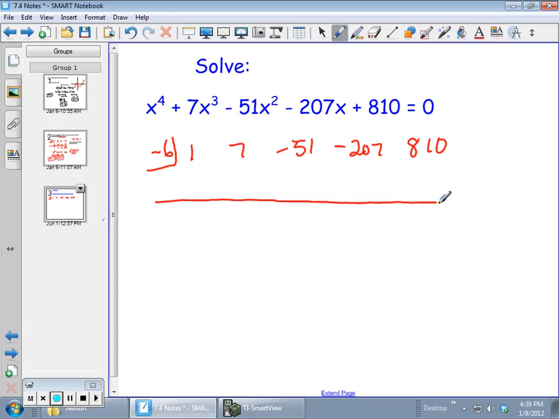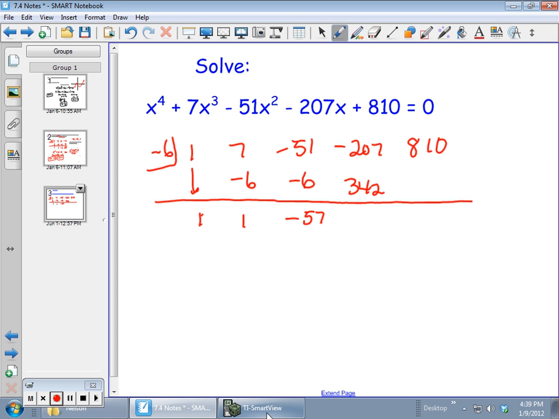We'll draw our line, bring the 1 down. 1 times negative 6 is negative 6. 7 plus negative 6 is 1. 1 times negative 6 is negative 6. Negative 51 plus negative 6 is negative 57. Negative 6 times negative 57 would be positive, let's see, 60 times 5 is 300, so 342.